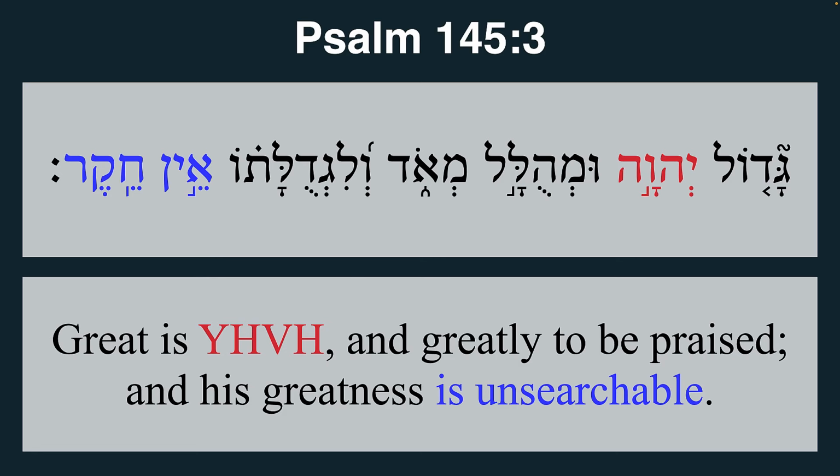So, Psalm 145, Gadol Adonai umehulal me'od, veligdulato, that is gedulato actually, veligdulato ein heker. Great is Adonai, YHWH, and greatly to be praised, and His greatness is unsearchable, meaning incomprehensible.